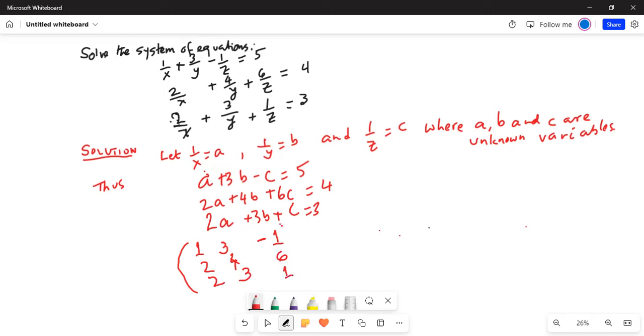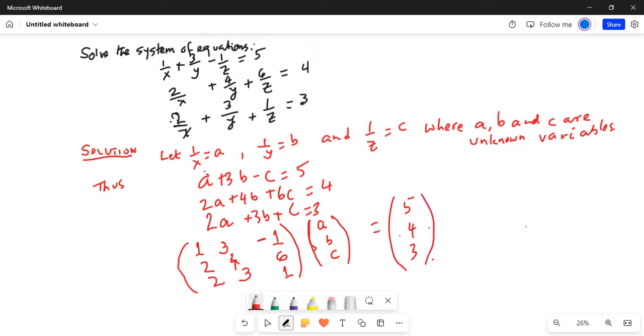So this is the coefficient matrix times a, b, and c. This is a 3 rows by 1 column matrix. a, b, and c is equal to the constant terms, which are 5, 4, and 3. Again, this is a 3 row and 1 column matrix. There's 5, 4, 3.